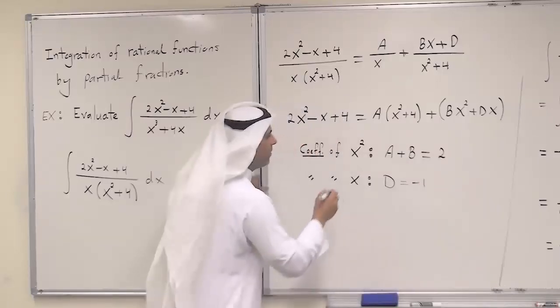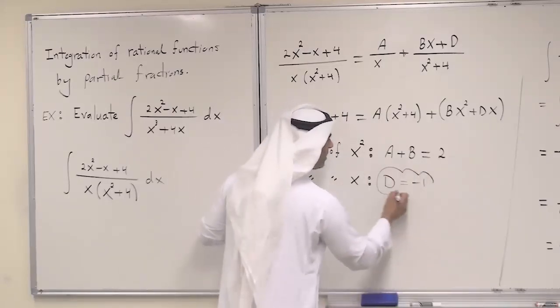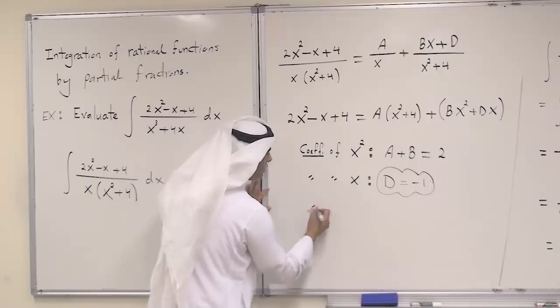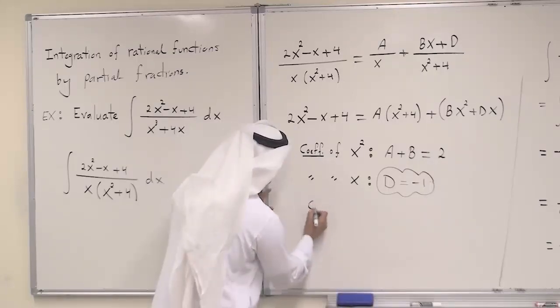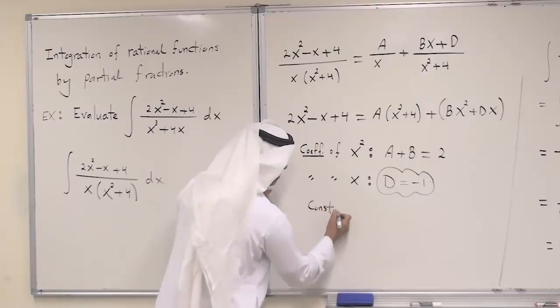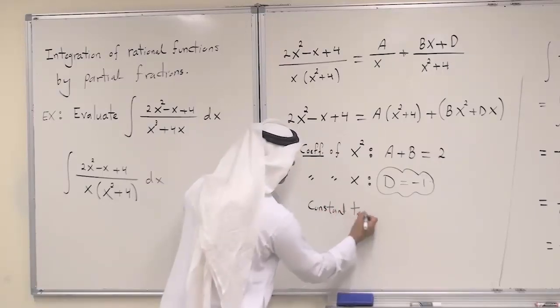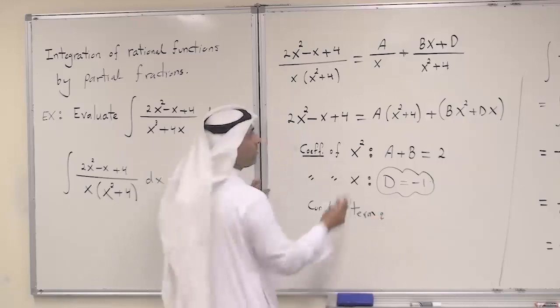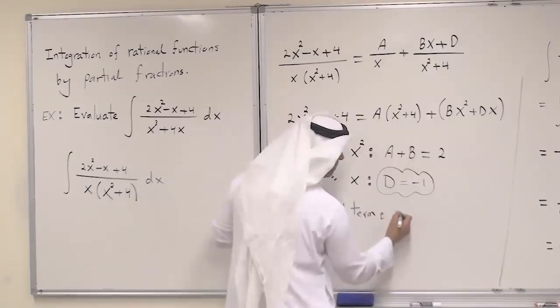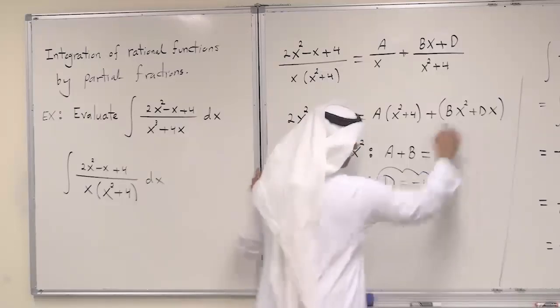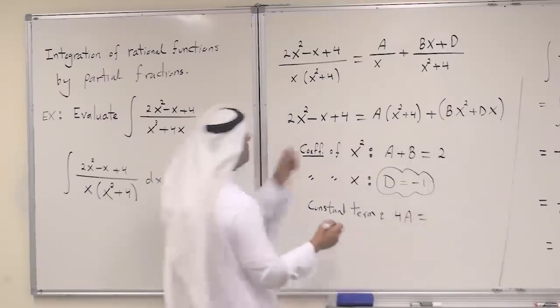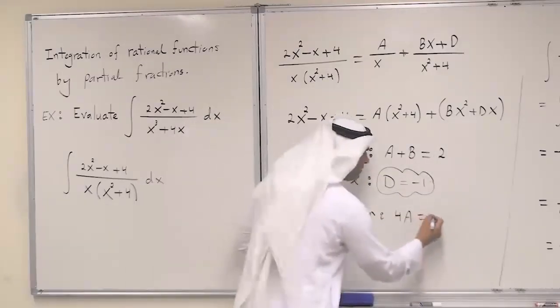Now, what is the constant term? The constant term here is 4A, and then we have no constant term here. So 4A is supposed to be equal to the constant term on the left, which is 4.